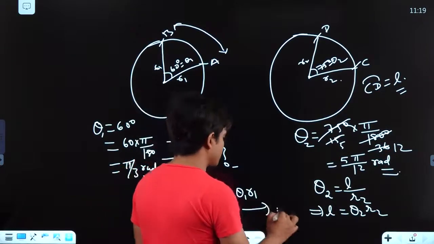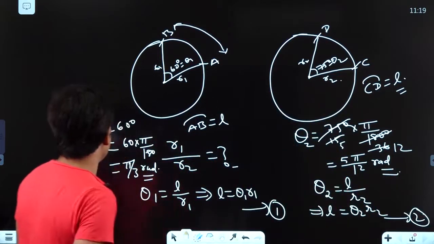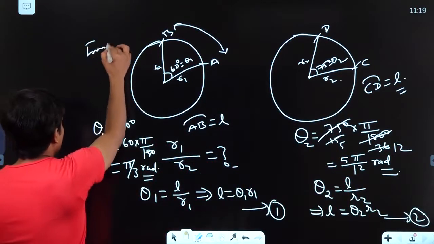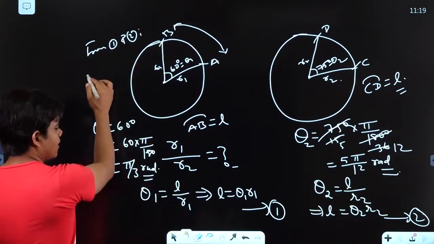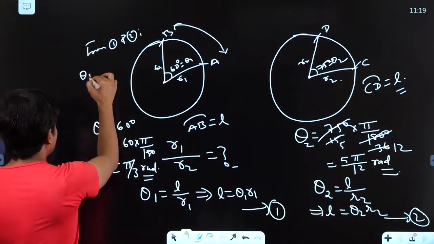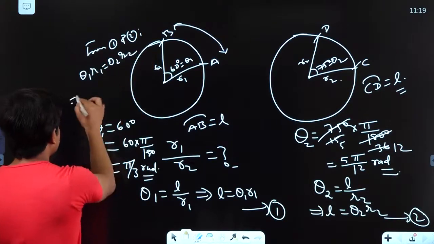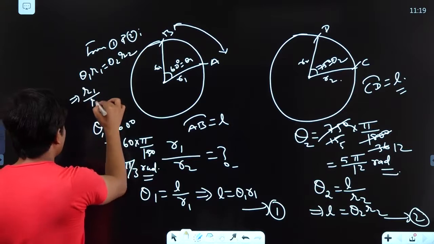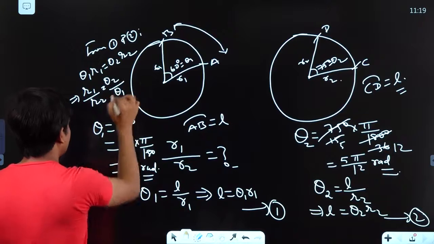This is equation number 1, this is equation number 2. So from 1 and 2, we shall say theta 1 R1 is equal to theta 2 R2. And this implies R1 upon R2 will be equal to theta 2 upon theta 1.